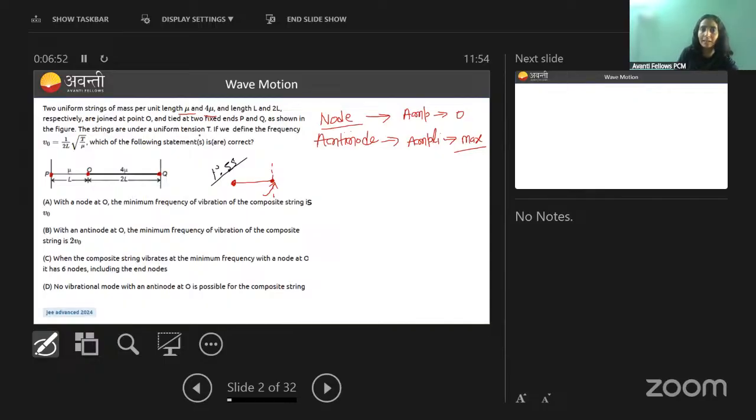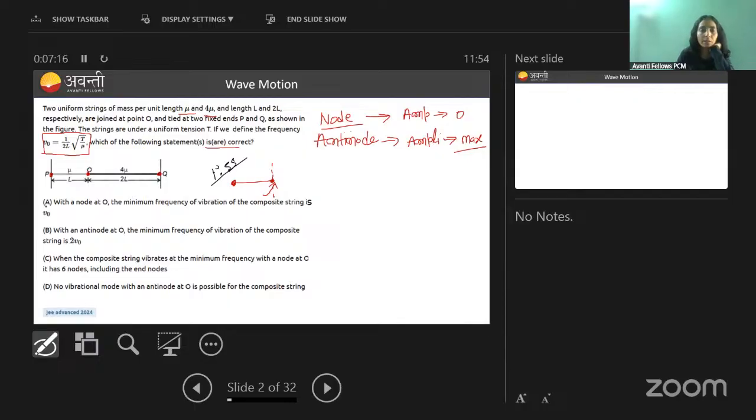The strings are under a uniform tension. So tension is the same throughout the string, be it a string of linear mass density mu or 4 mu. Now, we define the frequency v naught, which is equal to 1 by 2L into root under T by mu. Now, which of the following statements is correct?